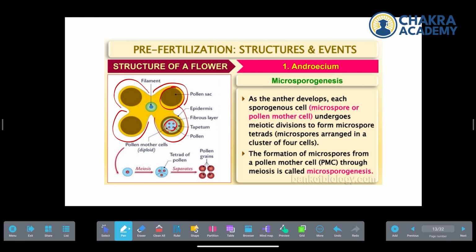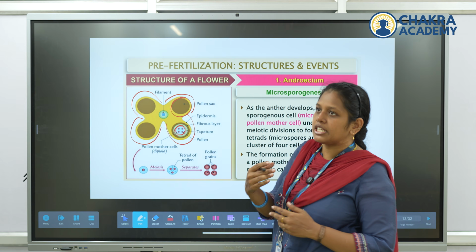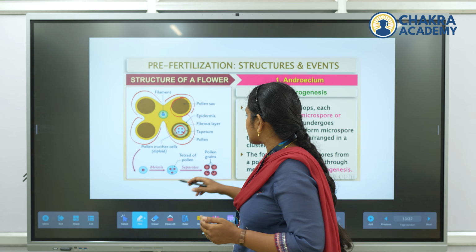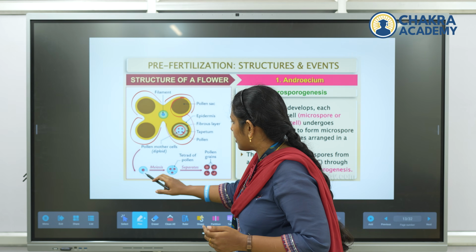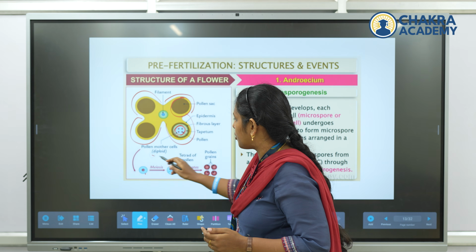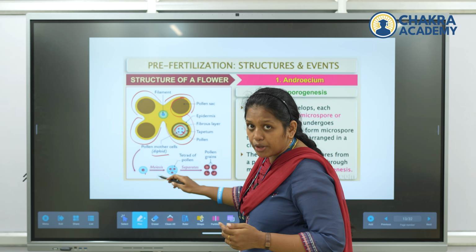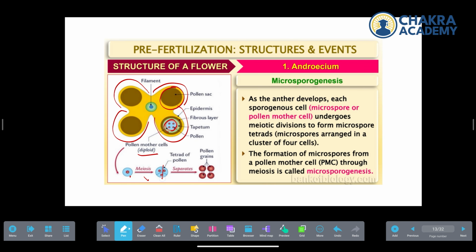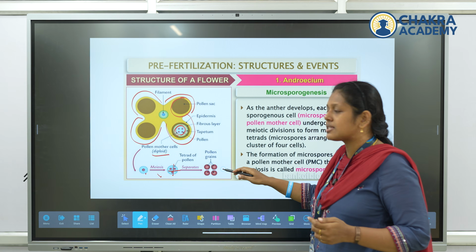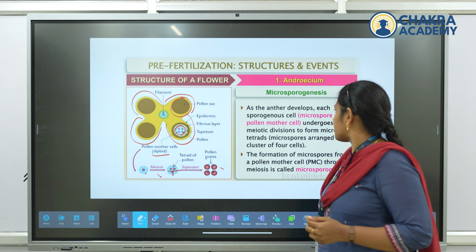Inside the tapetum it has pollen mother cells, which are diploid in nature and undergo meiosis. From the meiosis they divide and become a tetrad of pollen. Further it separates and forms pollen grains.